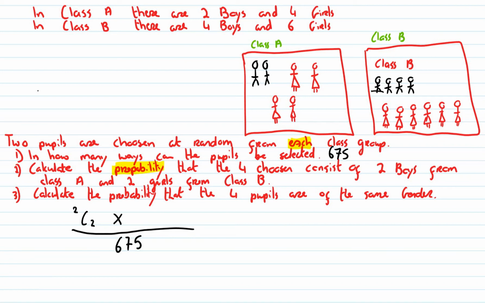They're asking for boys in the first one, so it's 2 choose 2, and they're asking for girls in the second one, so girls from class B. There are 6 girls and we have to choose 2 of them. That will equal 15 over 675. So there's the probability of choosing 2 boys and 2 girls.